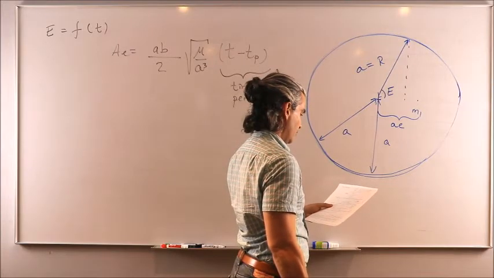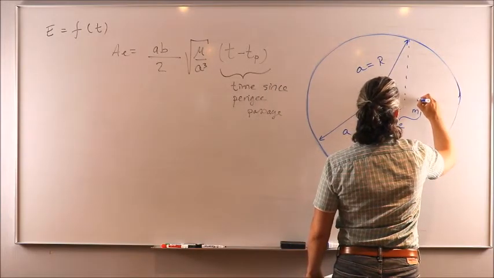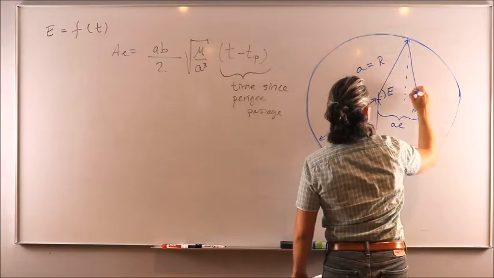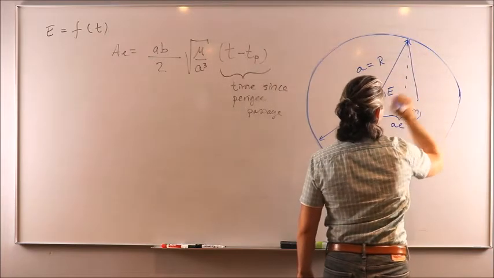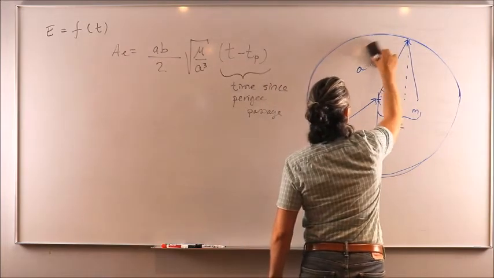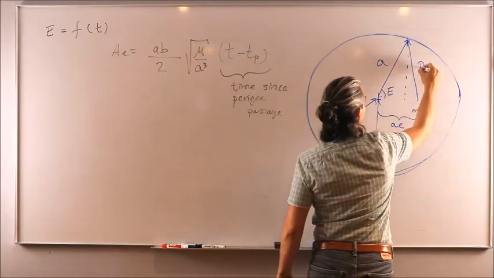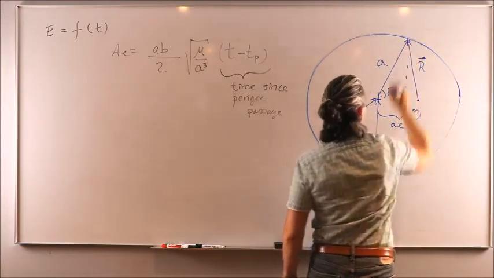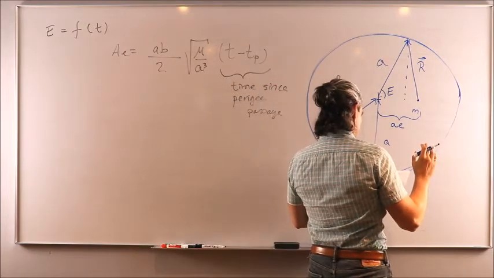And if you go from the planet to the projection of the spacecraft along the auxiliary circle, you're going to get this vector. Let's stick to A only for this side, and let's call this one R, from M1 to the projection of the spacecraft along the auxiliary circle. Do we have everything we need?